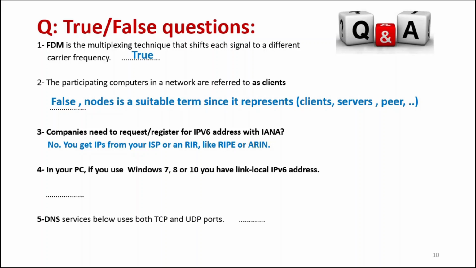You can follow the sequence. There is no need to go directly to IANA, because IANA is the root of the internet. You deal with the closest ISP possible, or an RIR, which is regional, like RIPE or ARIN.